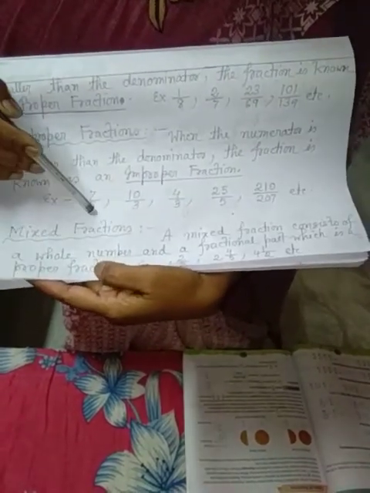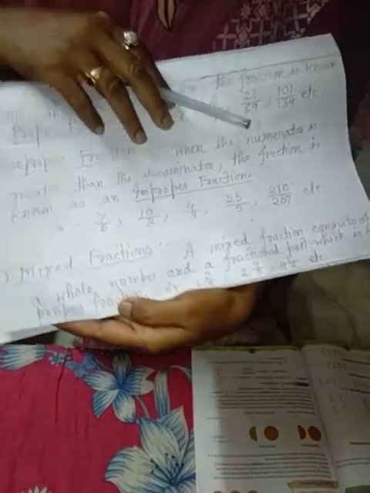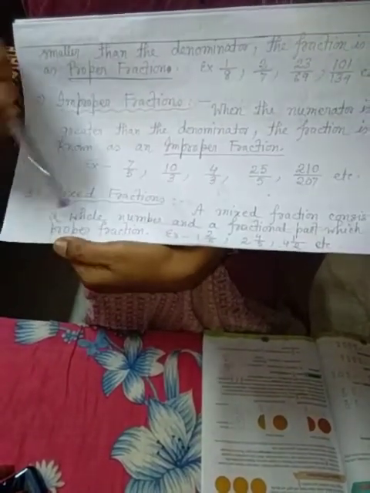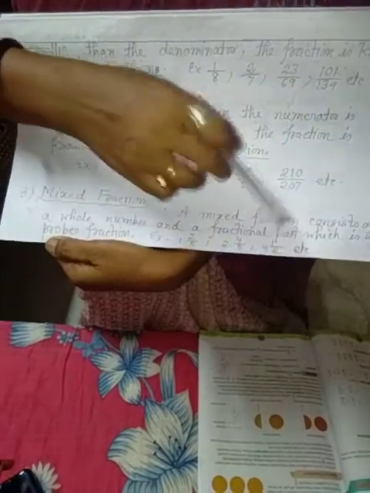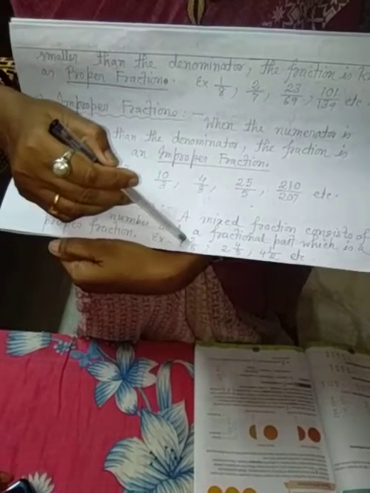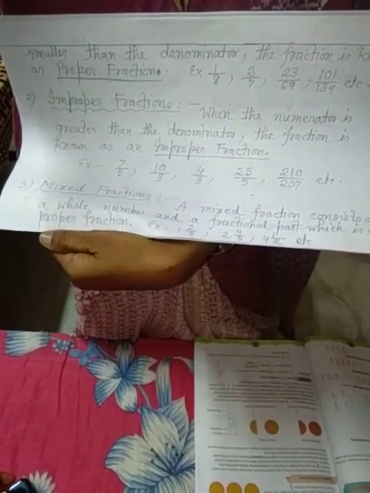Okay. Mixed fraction: one whole number and one fractional part. A mixed fraction consists of a whole number and a fractional part, which is a proper fraction. That is 1 2 by 5: one whole number, 2 by 5 a proper fraction.